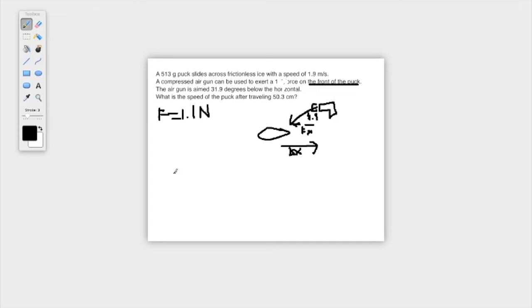Basically, you can write the work done, and there's no other forces going on that are opposing the puck. That's the only force. So the net work is the same as negative F times delta X times cosine theta, right?